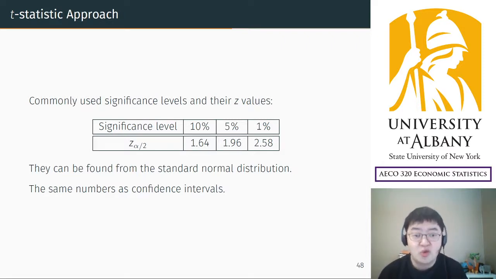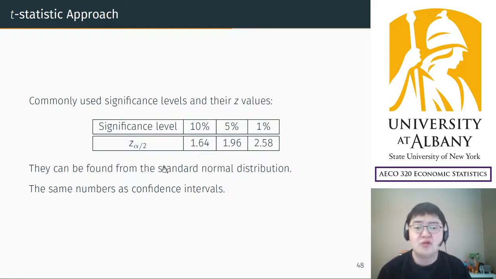And in the homework, you have to do it by yourself. I give you a slightly non-standard significance level and ask you to calculate this using Excel. And I don't recommend memorizing these numbers, but it's not bad if you do.